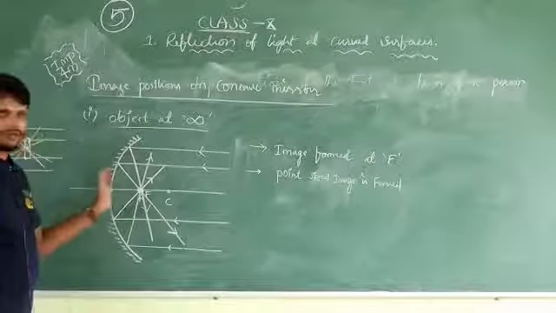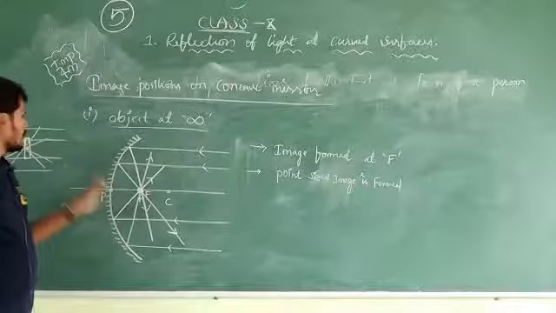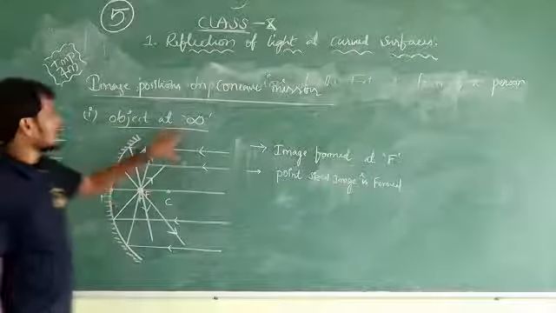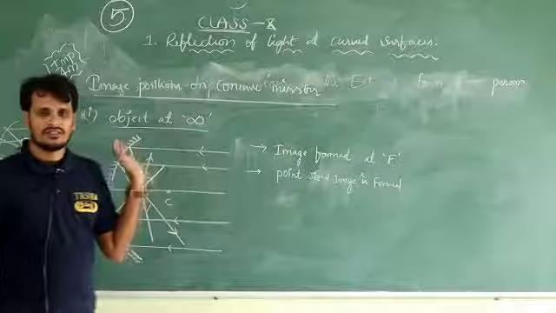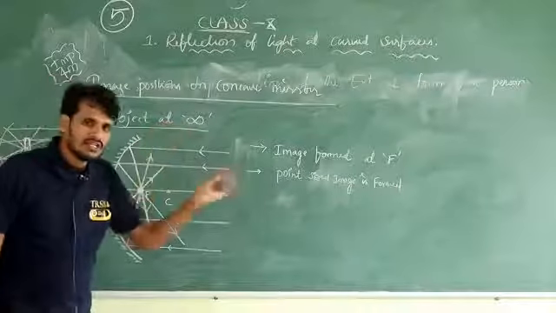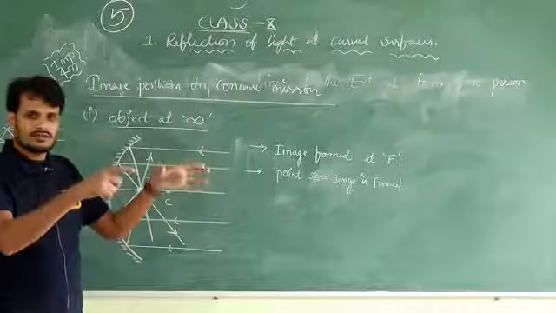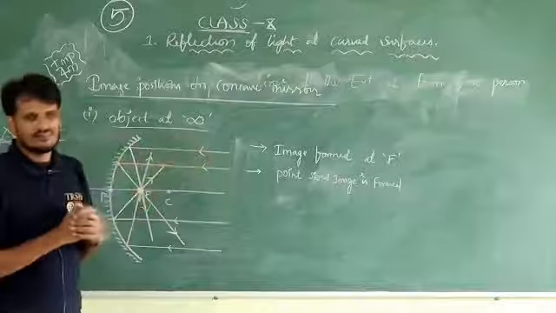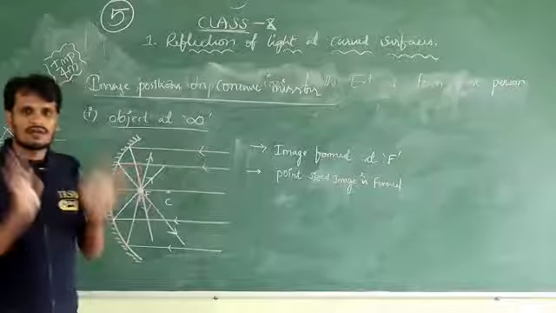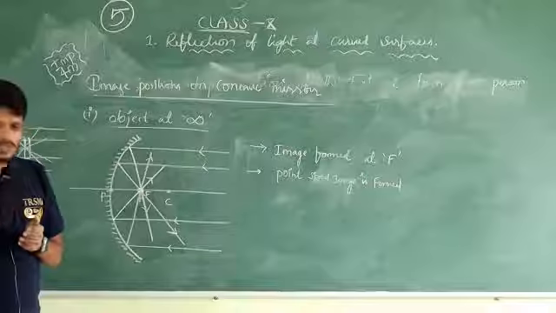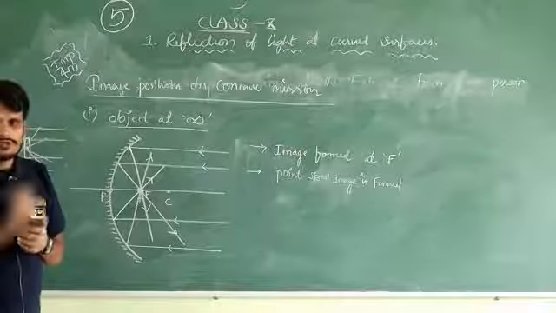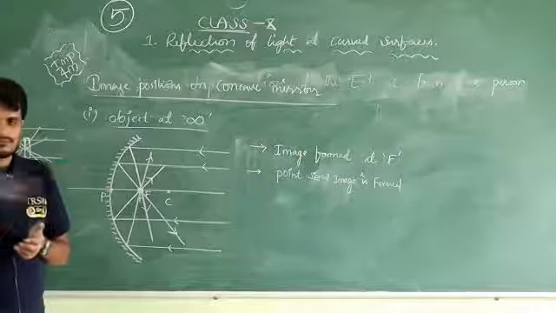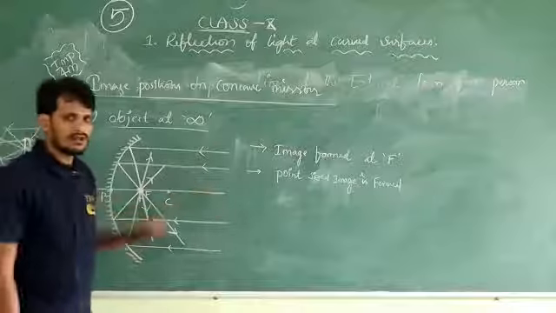So once again I am repeating how the image position is possible when you place the object at infinity. When you place the object at infinity, all incident rays from that source come parallel to each other. Just keep that point in your brain. All incident rays are parallel to the principal axis.